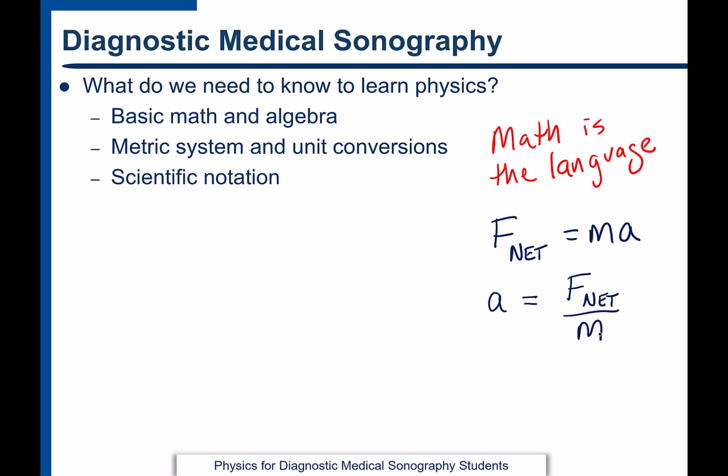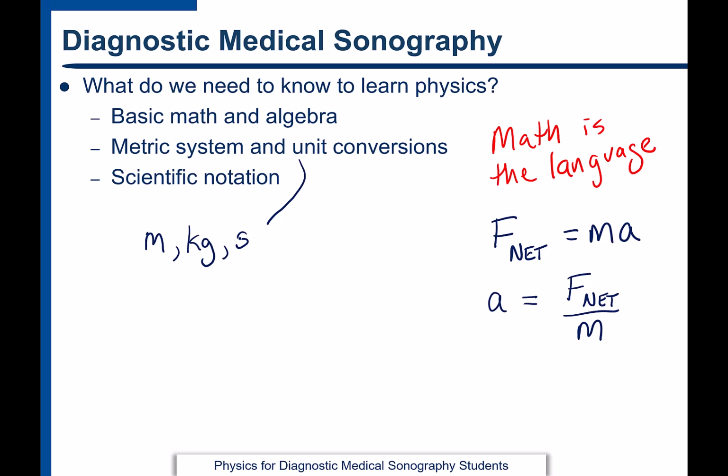We need to be comfortable with measurements, and therefore we need to be comfortable with the metric system and unit conversions. So basic measurements in the metric system, we know we measure length in meters, mass in kilograms, time in seconds, but there are a number of other units that you're going to need to be comfortable with as you go through the program, and so we're going to cover all of that.